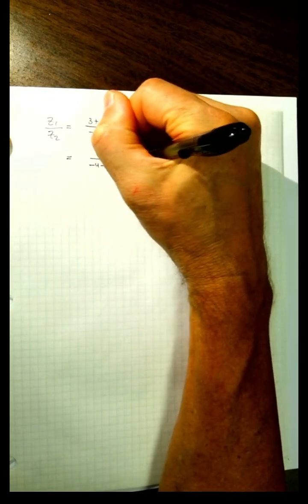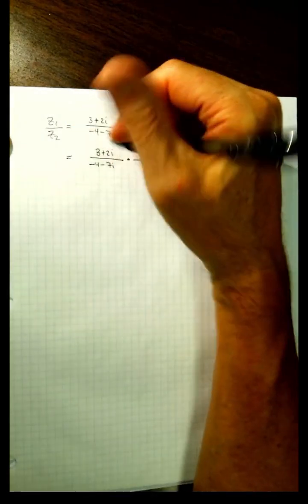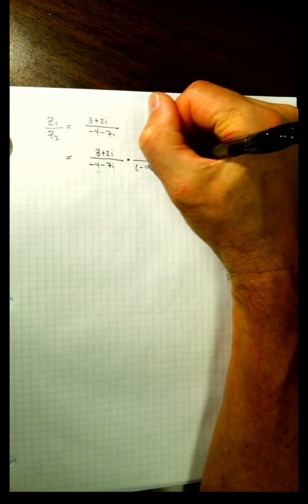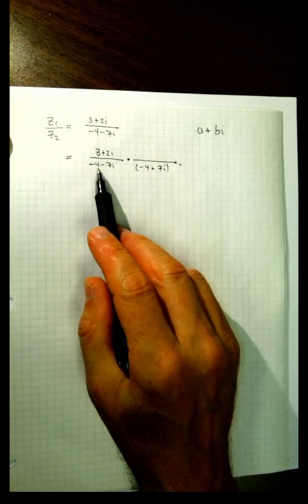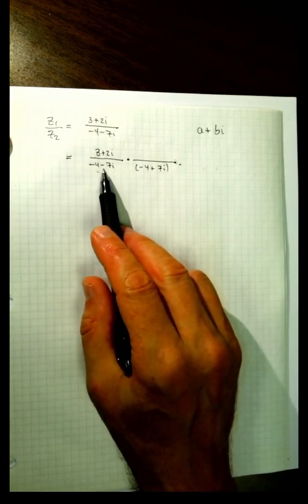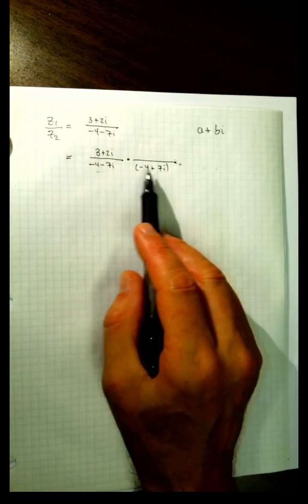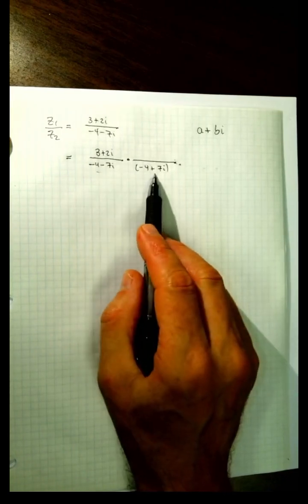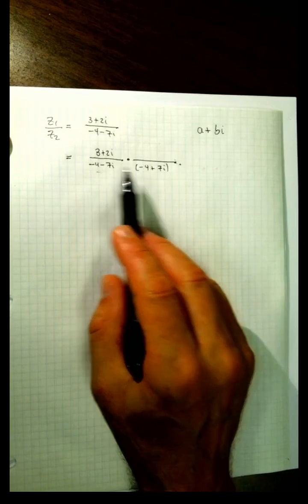And the trick is this: I'm going to focus on the denominator. If I can make the denominator equal to a real number, my life is going to be nice. And the way to do that is I'm going to take the part where I'm multiplying by i and flip the sign so that if it's negative, it becomes plus. If that had been a plus, I would have made that a minus.